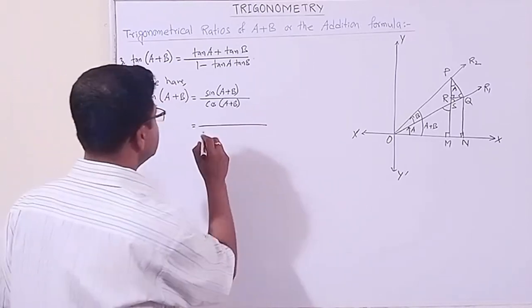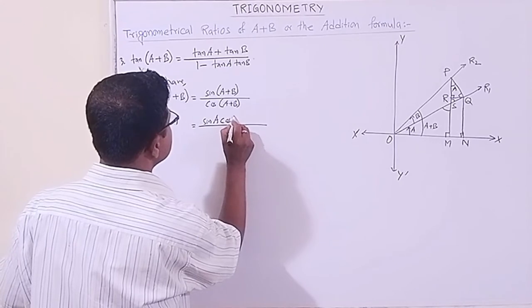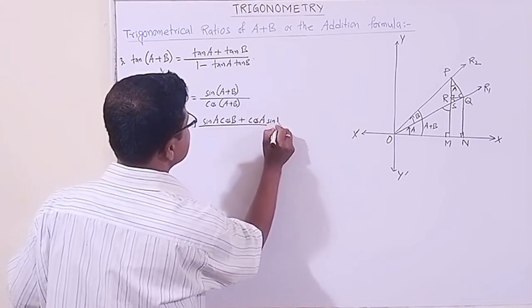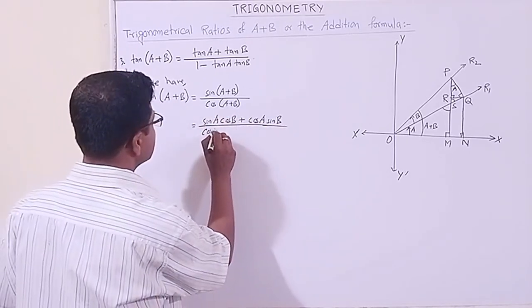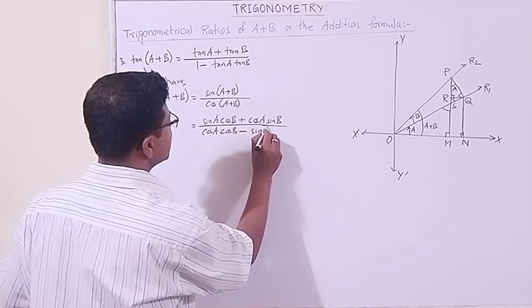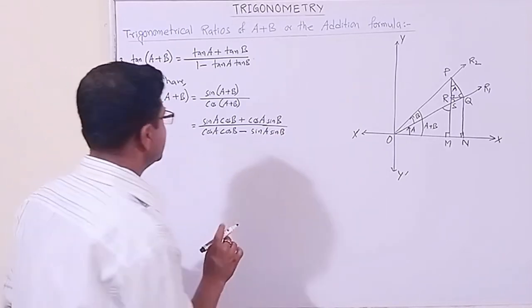What is sin of a plus b? Sin a cos b plus cos a sin b, then cos of a plus b is cos a cos b minus sin a sin b. You have to learn this formula, there is no other way.